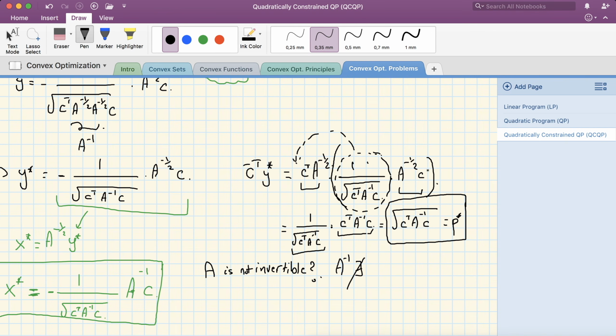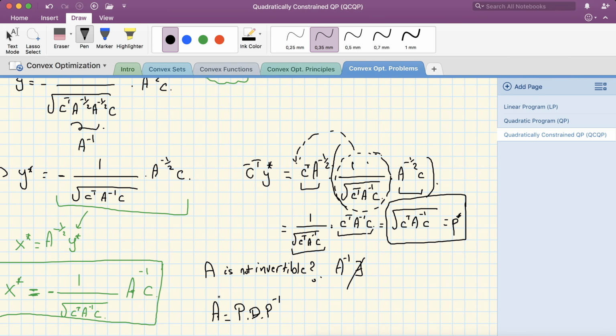So what happens if A minus 1 does not exist? Let's try to see stuff at the limit. So A, using eigenvalue decomposition, can be written as P, D, P minus 1, where P contains the eigenvectors in its columns, and D contains the eigenvalues in its diagonal entries. D is diagonal, right?